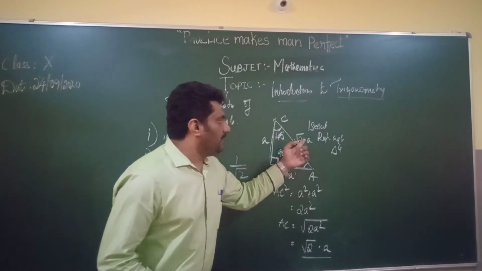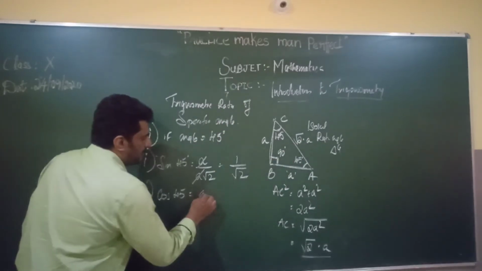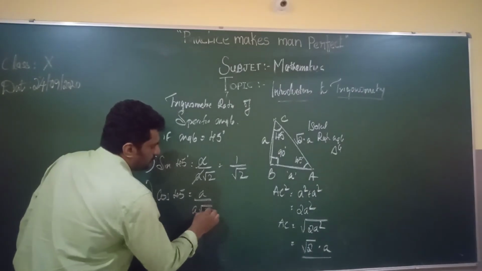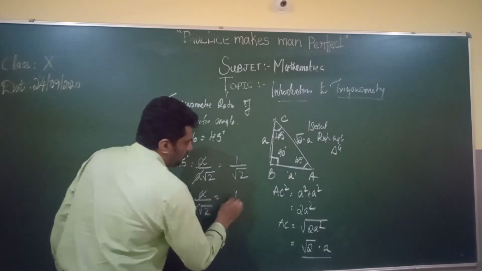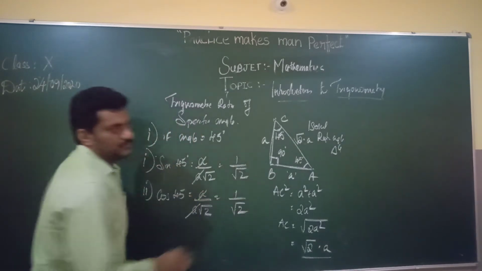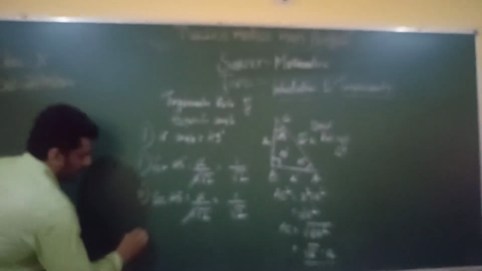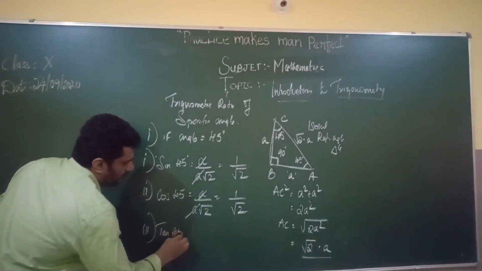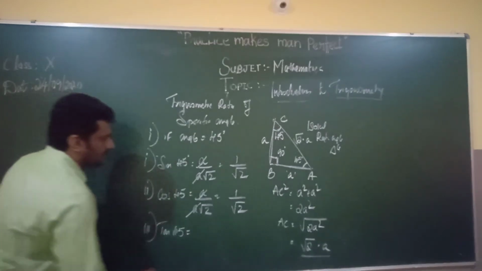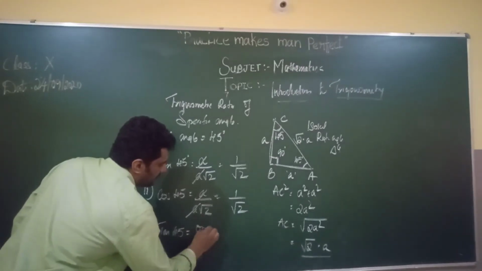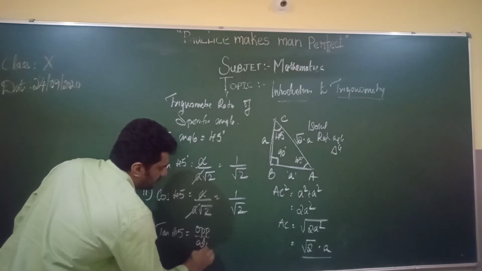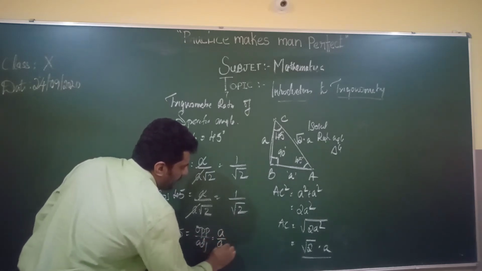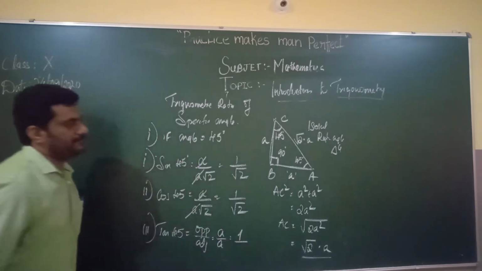Adjacent is A, hypotenuse is A root 2. Cancel, 1 by root 2. Similarly, tan 45 is opposite by adjacent, which is A by A, which is 1.